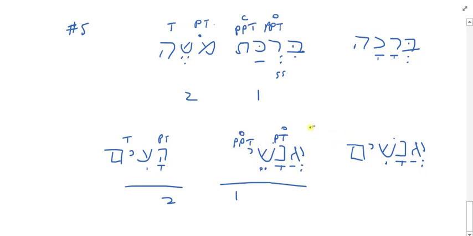Can I reduce that to a vocal shva? No, because tsere yod is a historically long vowel, and I do not reduce those, right? They're unchangeable. But na is open and propertonic, and it will reduce to what? It'll reduce to a vocal shva, and now I have a compound shva followed by a vocal shva. Can I leave the two of those like this? No. What will we do? This is a red writer problem.